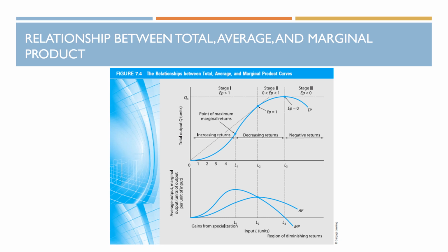When the marginal product curve is increasing before hitting the average product curve, we see the total product curve increase monotonically. As a result, we call this the increasing returns stage of production.